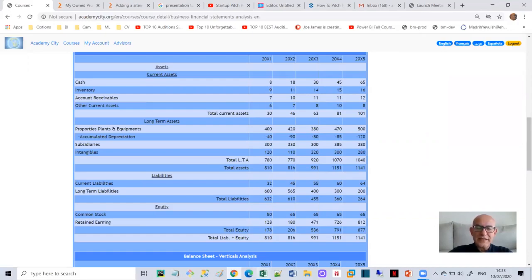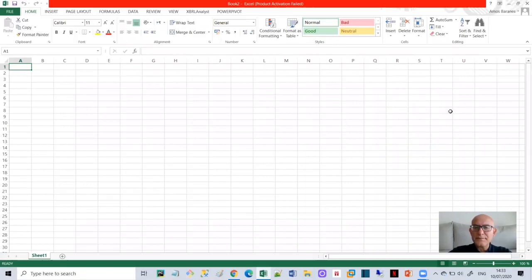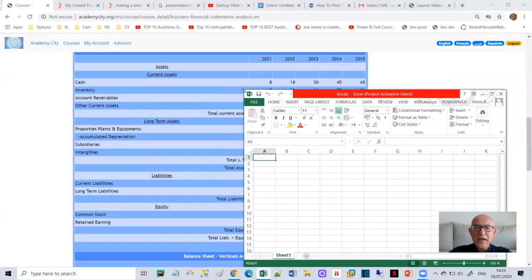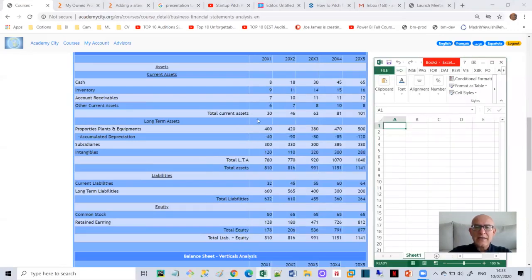Okay, let's take an example. We open the Excel, and here we go. If I want to know how many percentage are the 8 out of 810, it would be very simple, equal to 8 divided by 810, almost 1%, 0.99%.